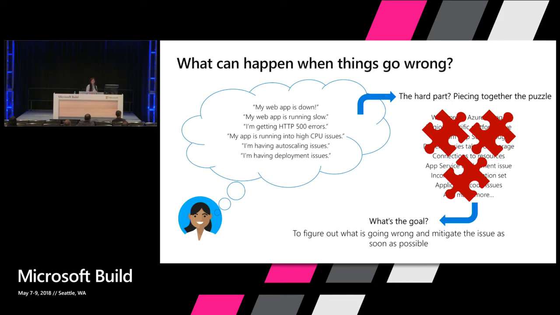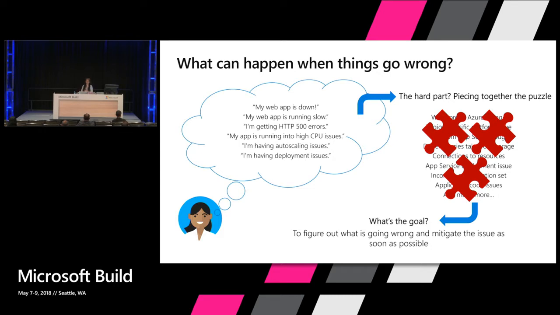The hard part is what comes next. You know what's going wrong, and what the problem is manifesting itself as, but you don't know why. You don't know the root cause, and you don't know exactly what happened. It probably works on your local machine, right? So the hard part is piecing together all the puzzle pieces, because there's a whole world of things that can go wrong with your web app.